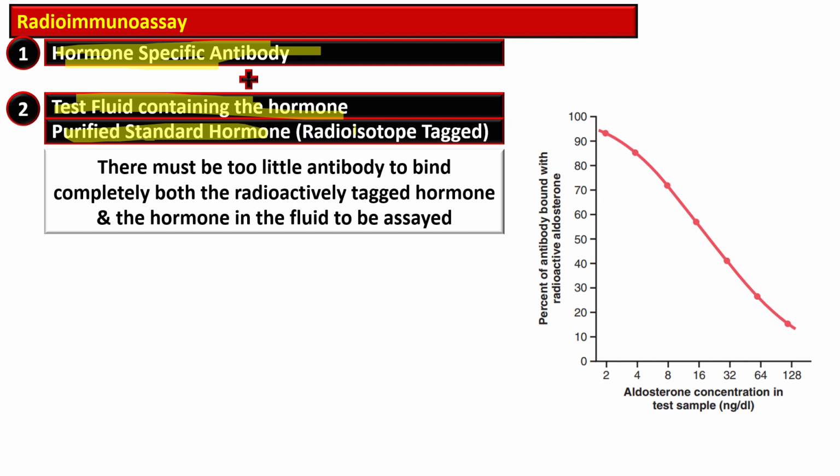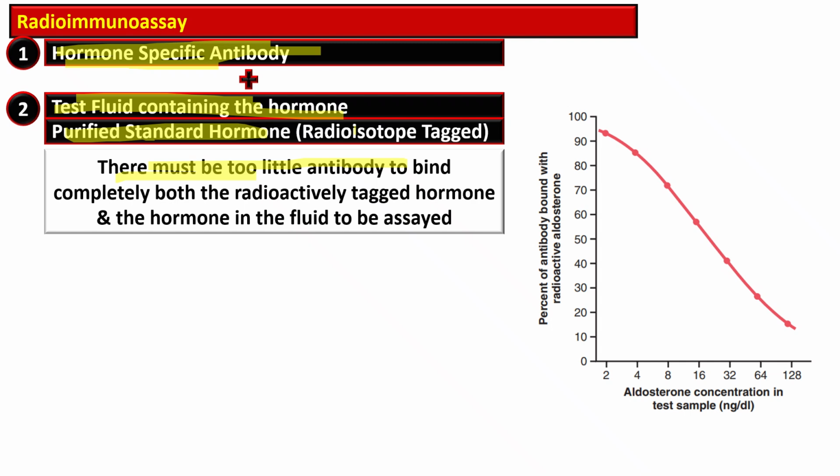An important condition is that there is not enough antibody to bind both the natural and radioactive hormone completely. Therefore the two forms of the hormone compete for the antibody binding sites.